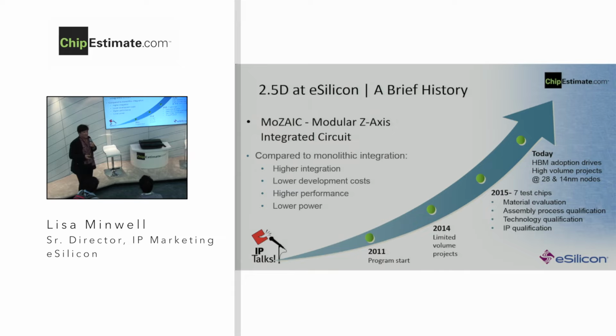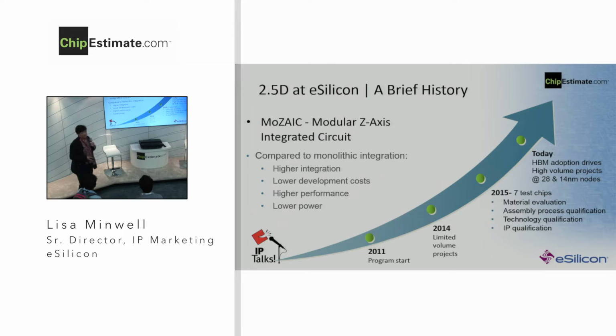And we started taking a look at different interposer technologies. In fact, we started with organic technology and organic interposer. We started doing some daisy chain testing through the interposer and really understanding the routing and the signal integrity and power integrity issues, as well as working with suppliers to make sure that we would have the right supply chain when customers came along. In 2014, we had some limited projects that were actual customer projects that built on this.